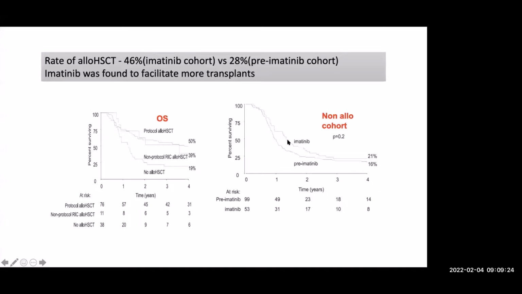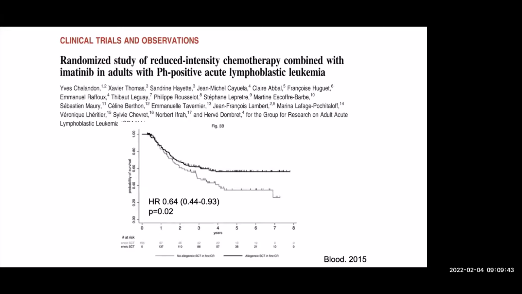What was found is that the patients in the imatinib arm had a 4-year survival of only 21%, which was almost comparable to 16%. So use of imatinib did not prevent the need for allogeneic stem cell transplant.